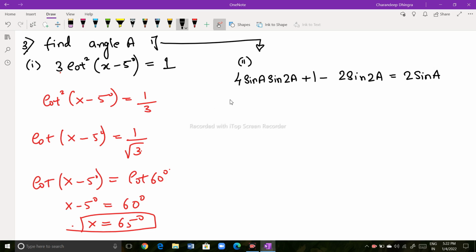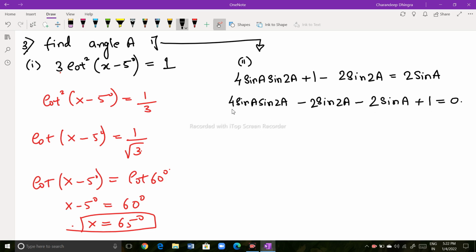So let's take everything on one side. So I have 4 sine A sine 2A minus 2 sine 2A minus 2 sine A plus 1 equal to 0.